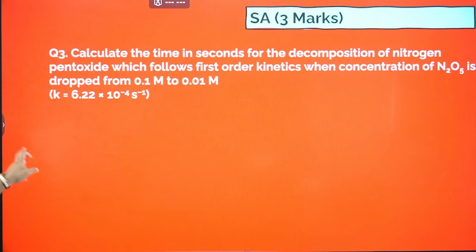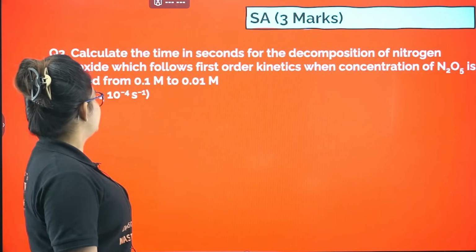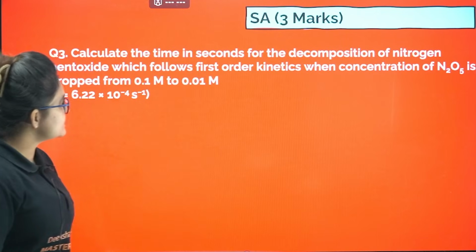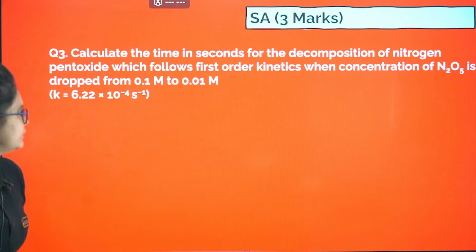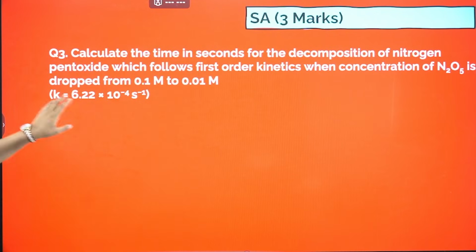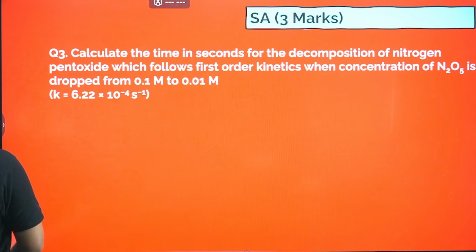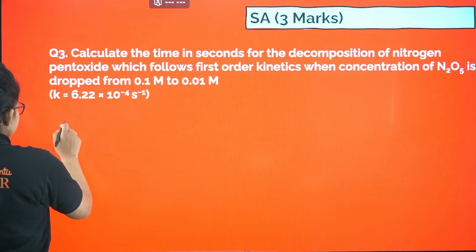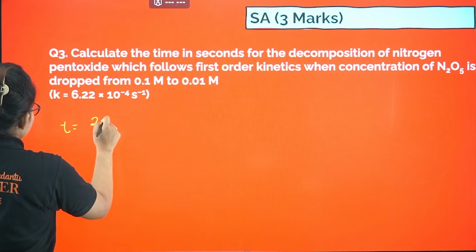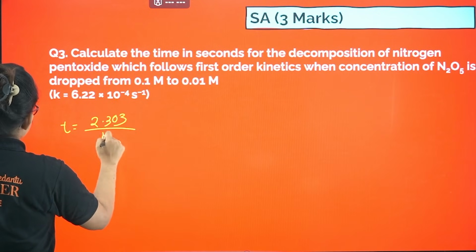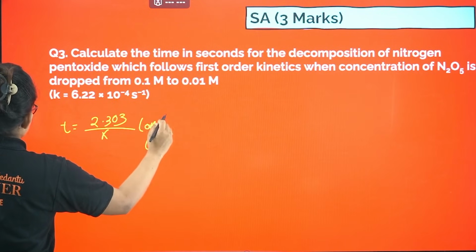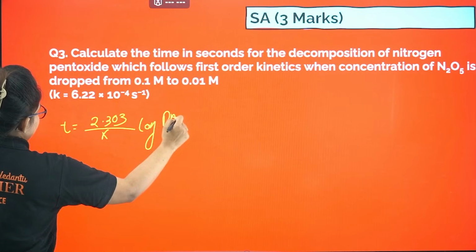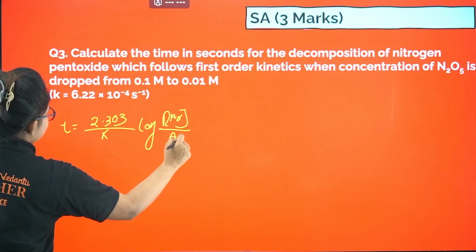Let's proceed. Calculate the time in seconds for the decomposition of nitrogen pentoxide, which follows first order kinetics, when the concentration of N2O5 is dropped from 0.1 molar to 0.01 molar. Okay, it's very easy basically. For first order kinetics we can use 2.303 divided by K into log A0 by At, right.